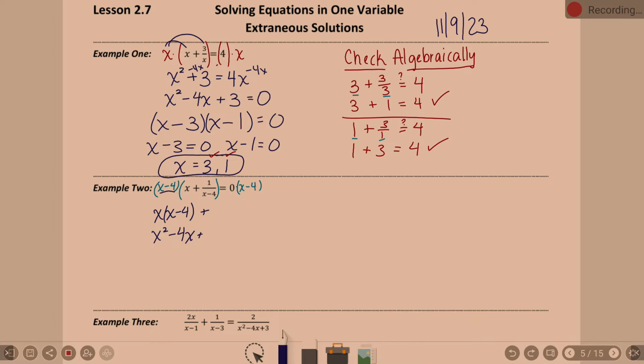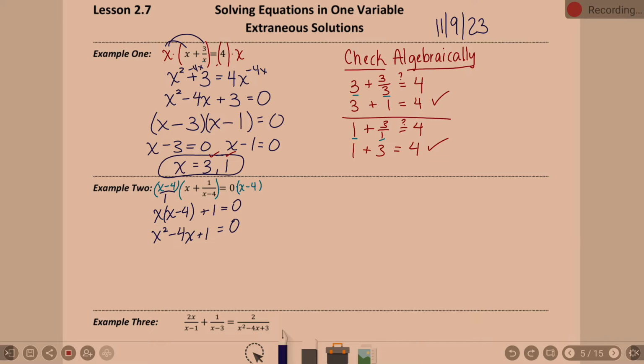Yeah, because if you think of that as a fraction, x minus 4 over 1 times 1 over x minus 4, the x minus 4 in the denominator and the x minus 4 in the numerator are going to cancel, and we are left with just a plus 1. Equals, what's 0 times x minus 4? 0.